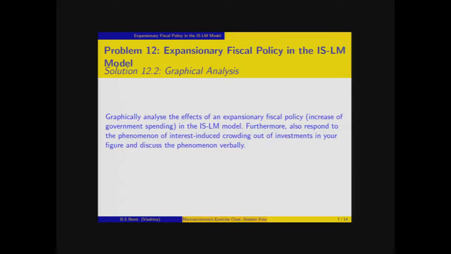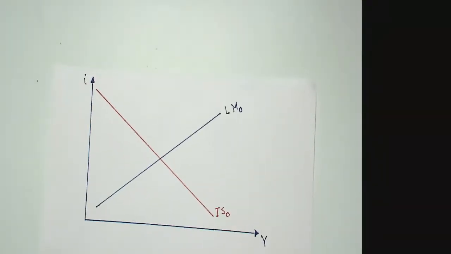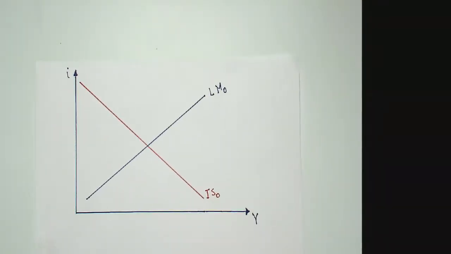Furthermore, also respond to the phenomenon of interest-induced crowding out of investment in your figure and discuss the phenomenon verbally. So we would start with a graphical analysis of this scenario. For that, we have already identified our IS-LM curve. The labels are already indicated.